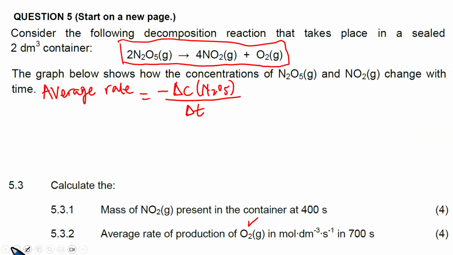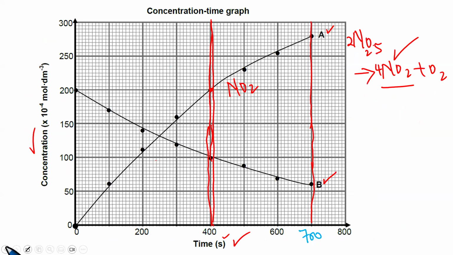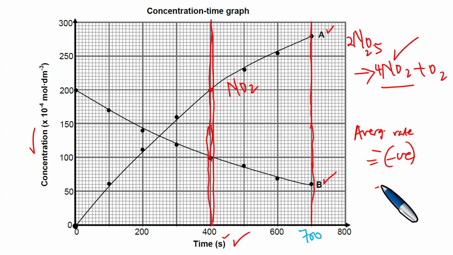Because if it's running down slope, then the gradient is negative. So in other words, the average rate becomes negative. But we don't want a negative average rate. So we must put a negative in front, to make sure we have negative times negative in the end, which becomes a positive average rate.